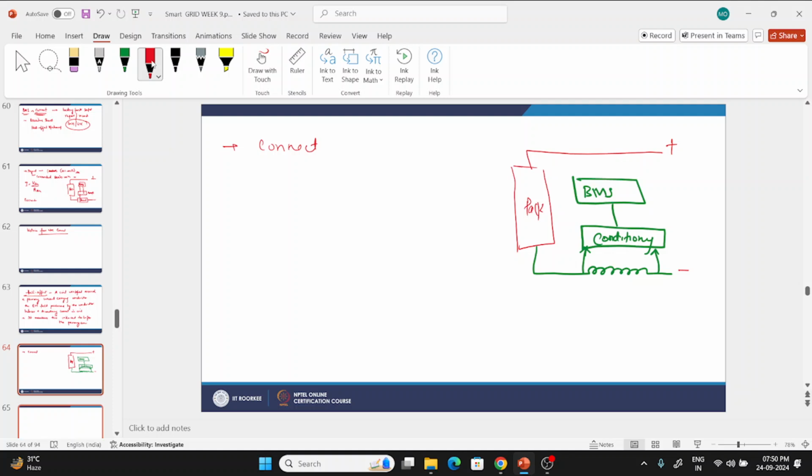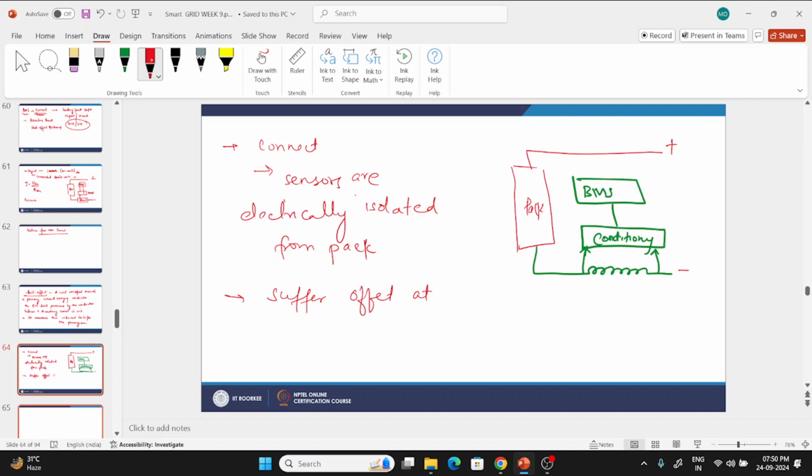ओके। अब इसमें one thing is there, that Hall effect sensors are electrically isolated from the pack. तो इसीलिए कोई सर्किटरी की जरूरत नहीं रहती, ठीक है। ओके। अब इसमें क्या होता है, there is also a drawback: they suffer from an offset at zero. Okay, offset at zero, which is not our area of interest.